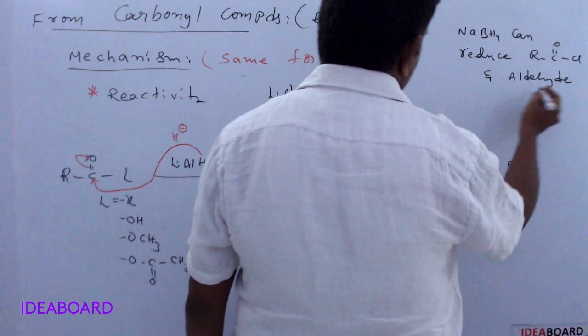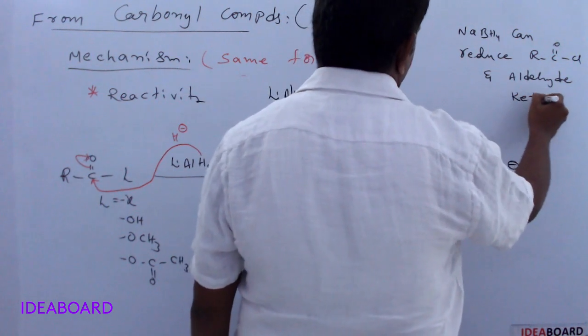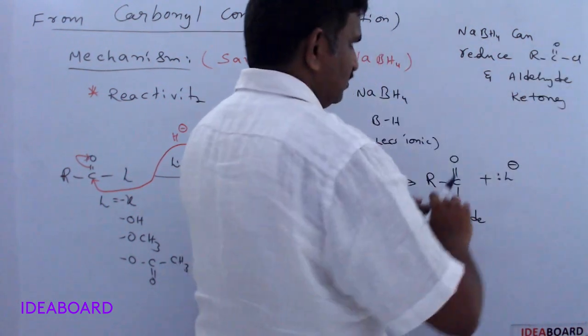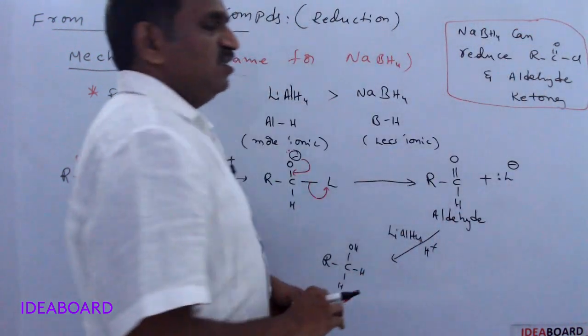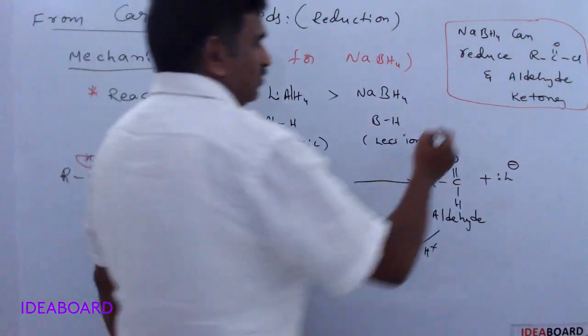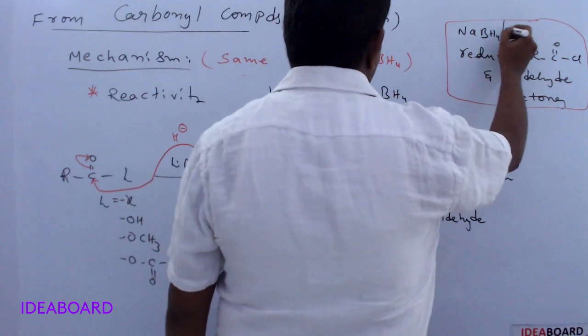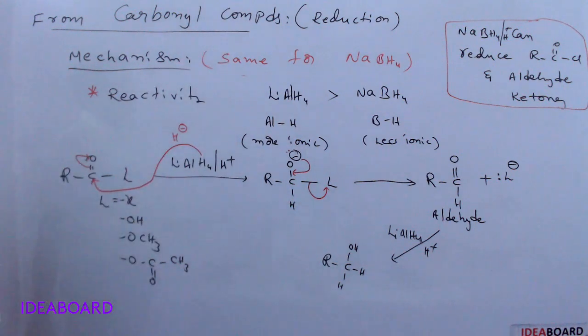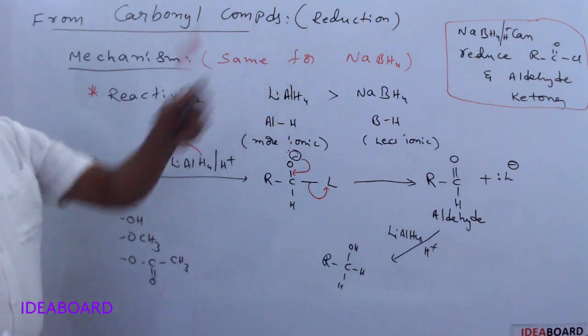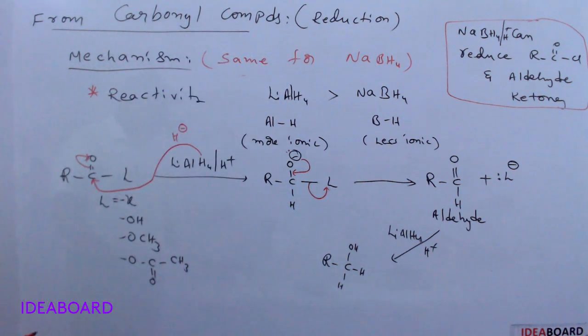So it can reduce aldehydes, ketones, and acid chlorides only. These three compounds are the only ones reduced by NaBH4 and H plus.